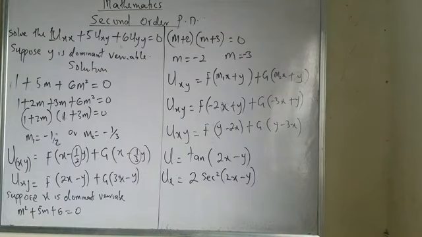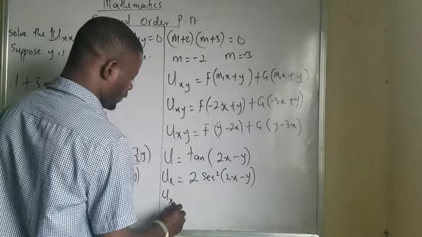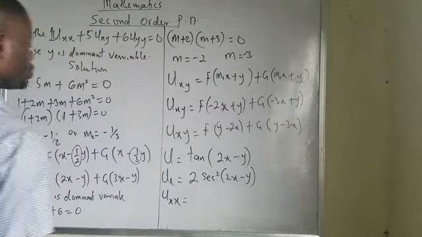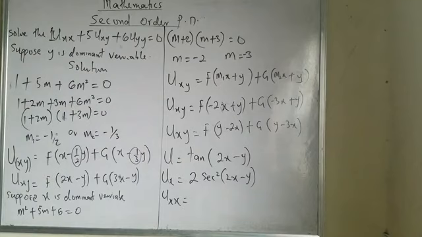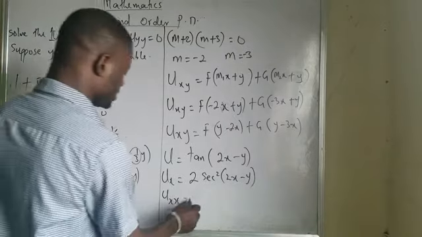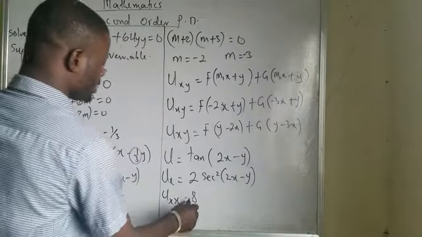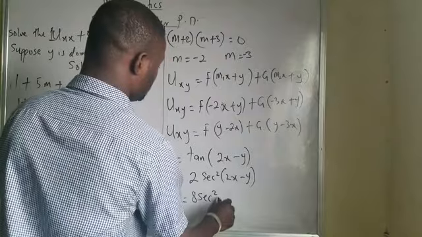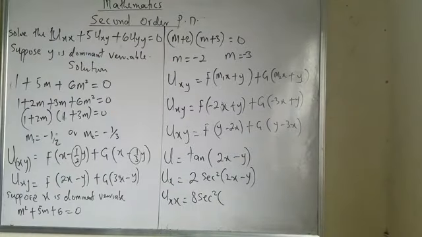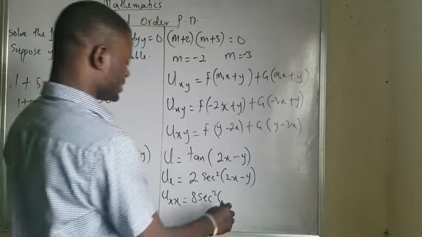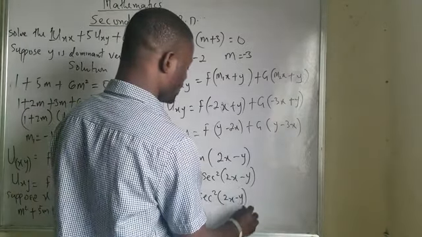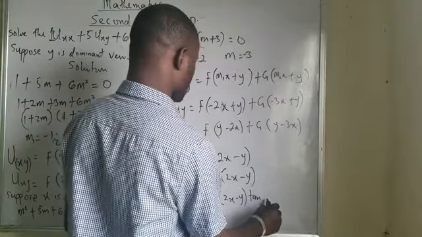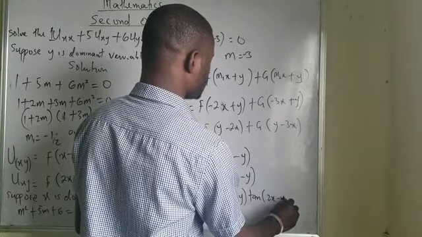Now when I move on to u of xx, this is somehow technical. Here will be 8 sec squared bracket of 2x minus y tan 2x minus y.